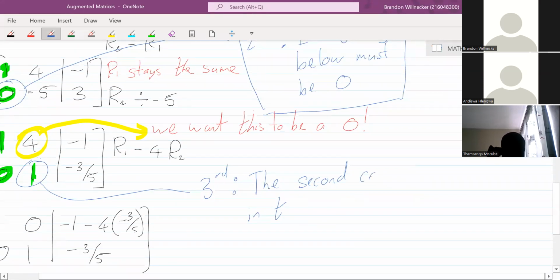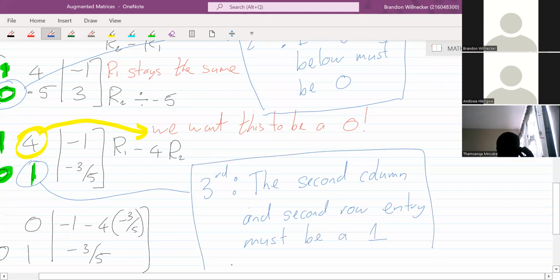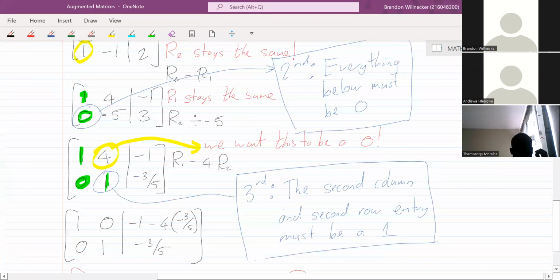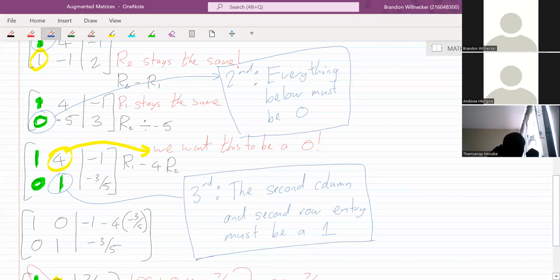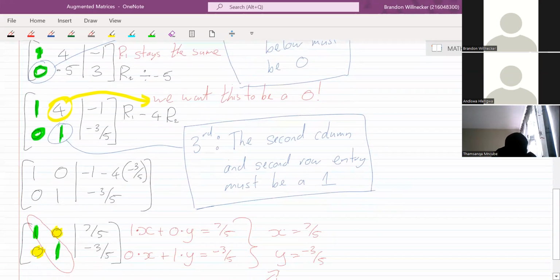The second column and second row entry must be a 1, because we're dealing with the second column now. So we do the second column, second row.